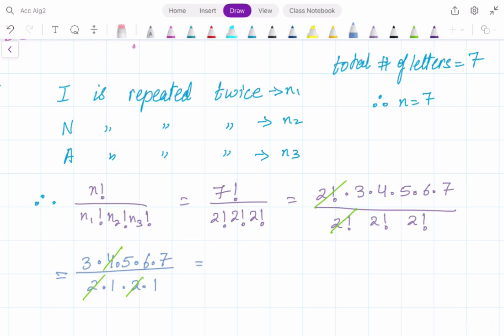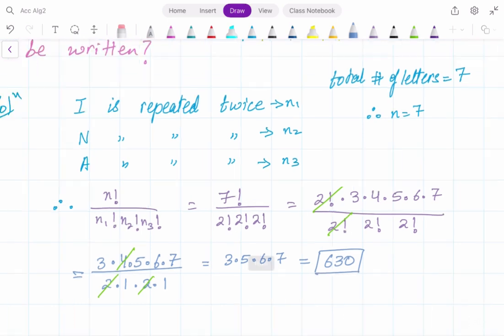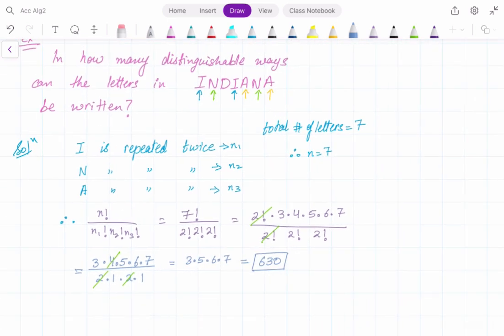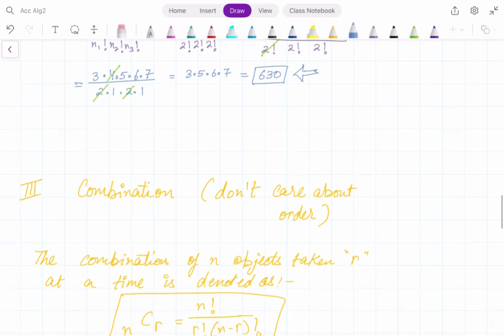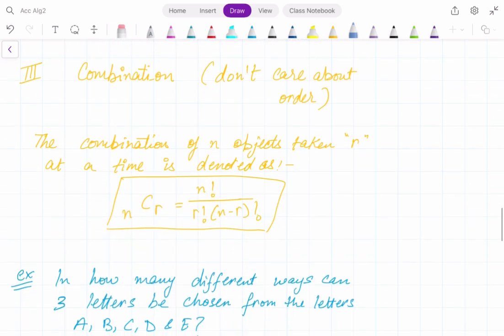And we are left with only 3 times 5 times 6 times 7. That will be 630. So this is called distinguishable permutation. You can try one question. Try, let's say, the word banana, and then calculate on your own.